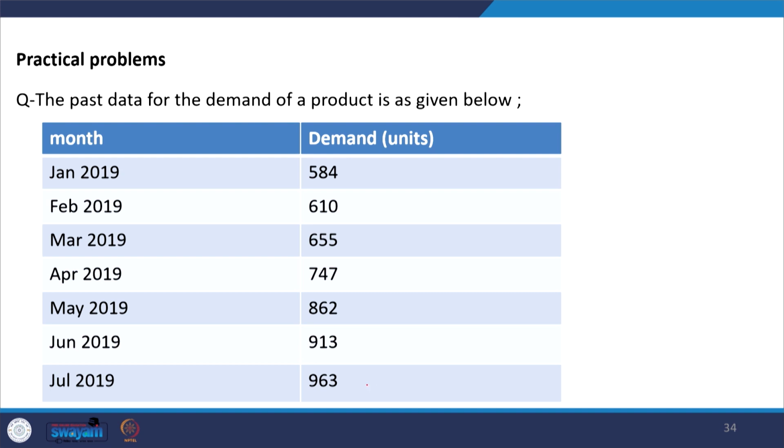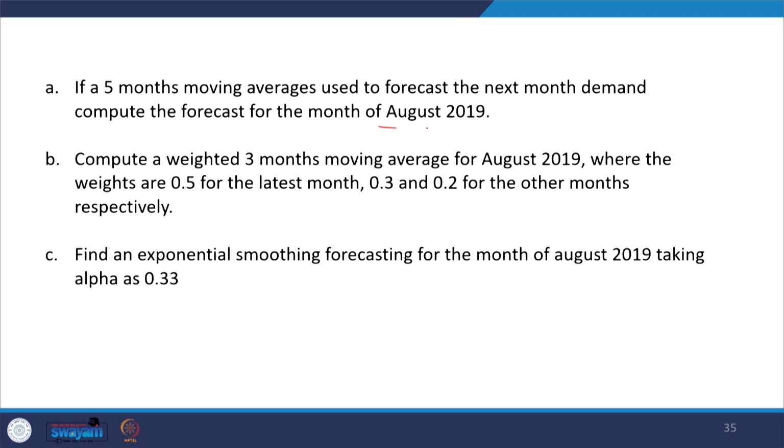Similarly, compute a 3 month weighted moving average for August 2019, where the weights are 0.5, 0.3 and 0.2. Then find an exponential smoothing forecast for August, taking alpha as 0.33.